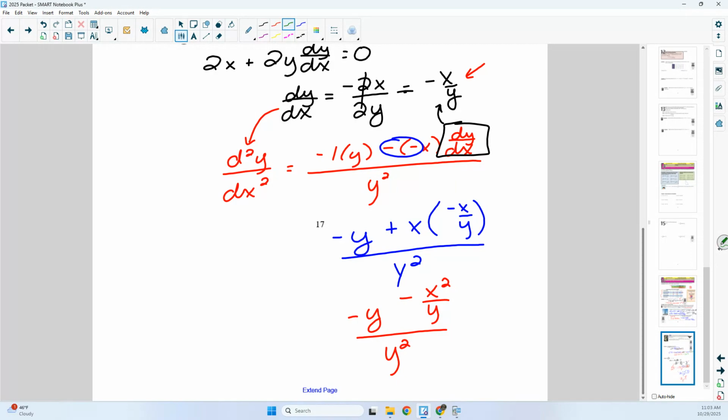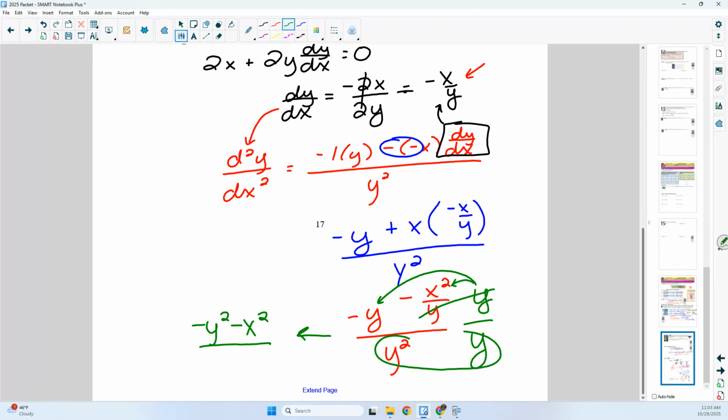So if I multiply the top of the fraction and the bottom of the fraction by y, so this is by 1, and I distribute, I'm going to come over here so I have room, I get negative y squared. Here this cancels, so I get minus x squared. And in my denominator, I get y cubed. So that is the second derivative of this function.